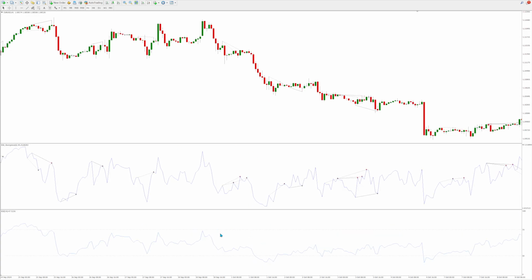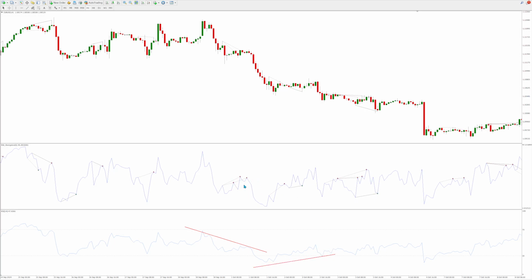That being said, you can of course just mark the divergence off yourself. We have the RSI indicator here, just the default one that's included. I'm using the MT4 platform, but it would be in whichever trading platform you're using. We can also manually mark divergence to the downside, divergence to the upside.